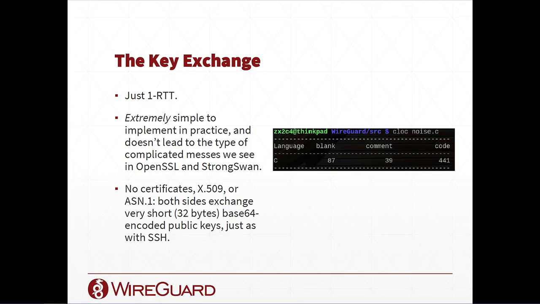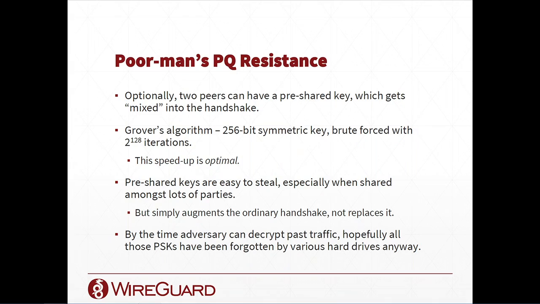There's no X509 or ASN1 parser that we're adding to the kernel, thank God. We just have these very simple public keys you paste around. And if you want, you can then build on top of this, say using TLS or LDAP or any other terrible things you want to use. You can build a whole certificate mechanism on top. But WireGuard just provides the basic building block underneath from which you can build a secure system.